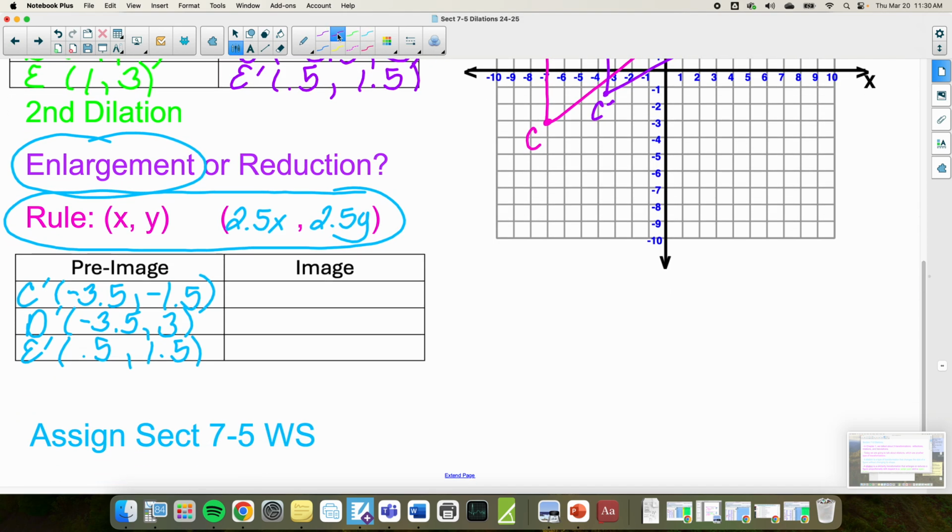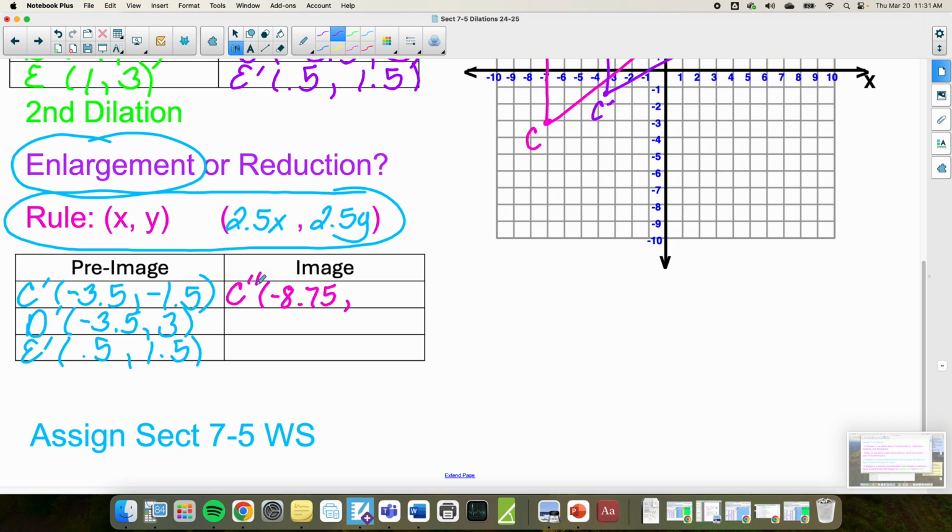And this time we're taking these and I'm multiplying by 2.5. So if I do -3.5 times 2.5, did you guys get -8.75? And this, you guys, you'd label C double prime, okay?